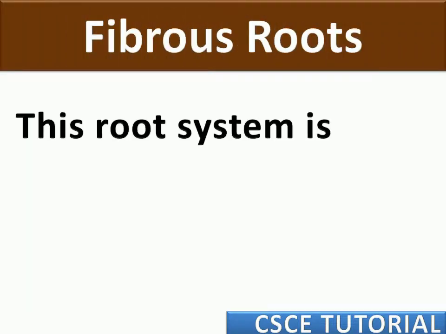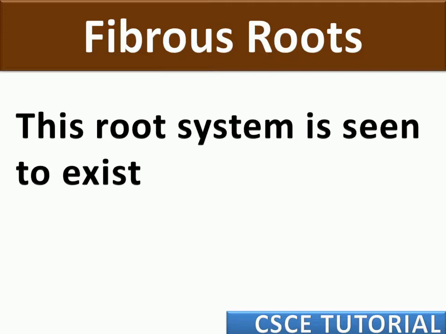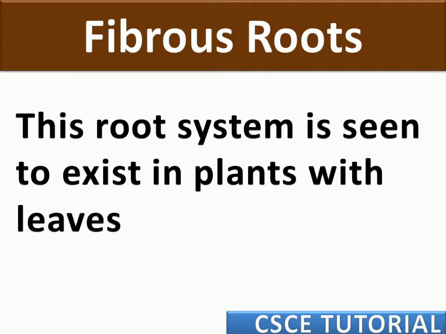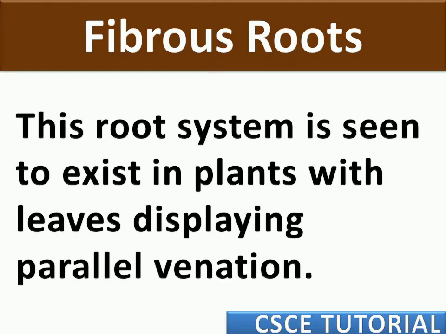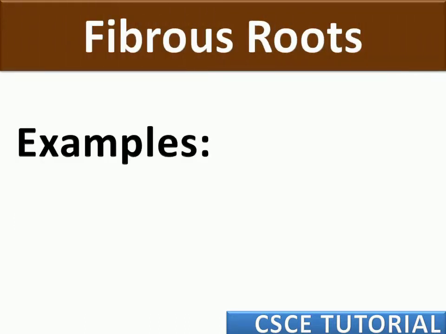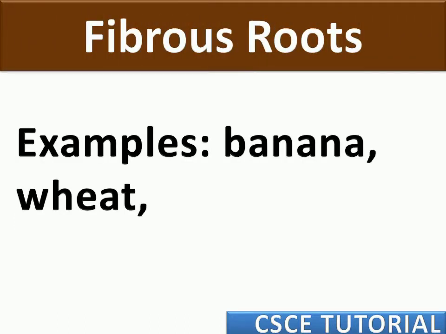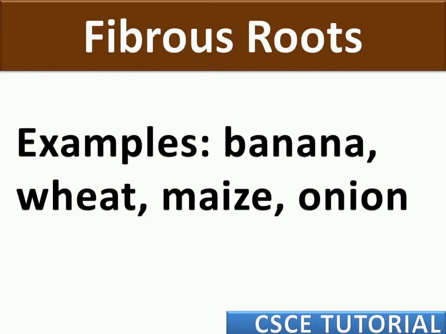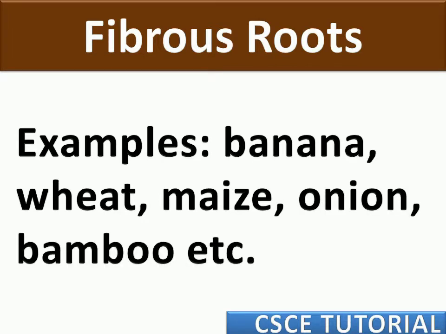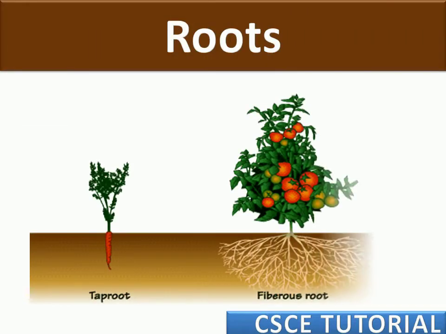This root system is seen in plants with leaves displaying parallel venation. Fibrous roots. Examples: banana, wheat, maize, onion, bamboo, etc. Taproot and the fibrous root.